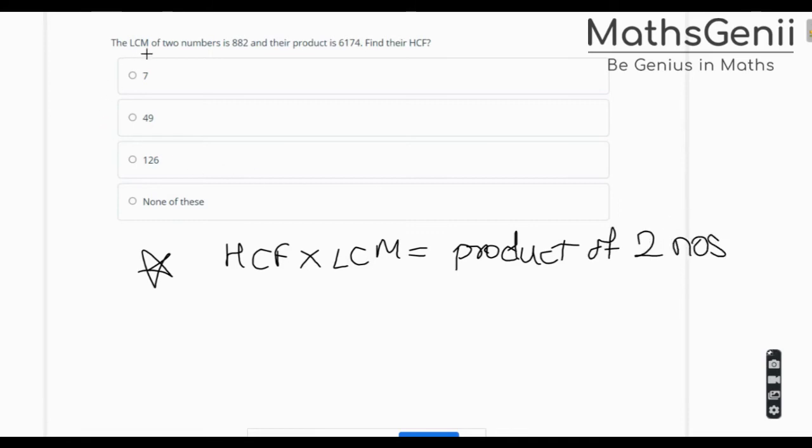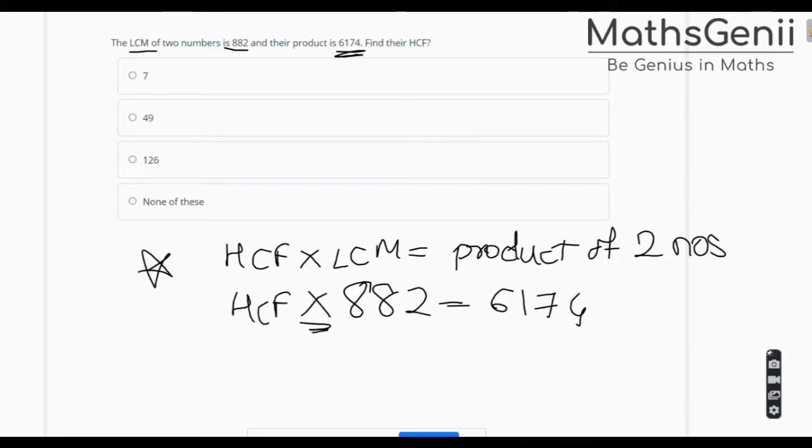So what is given in the question? The LCM is 882. Okay. And their product is 6174. And find HCF. So HCF I don't know. So this is in multiplication. When it goes that side, it will become division.